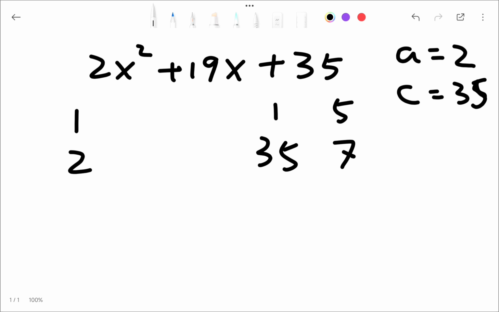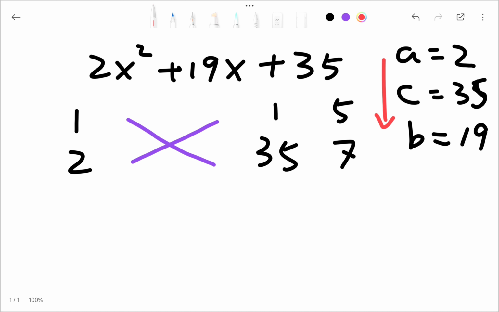All right, the third step is to do a cross multiply of these factors and see if the sum is going to be the value of B, which is 19. And this is the order of the method. We go from A to C and then come to the middle, to find the value of B.